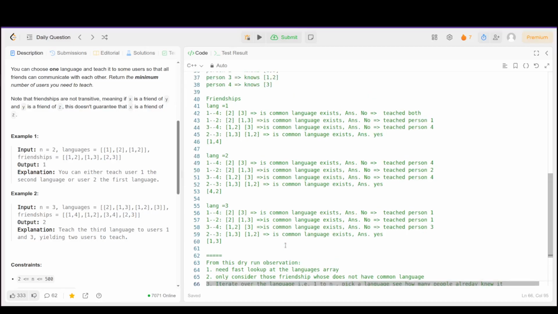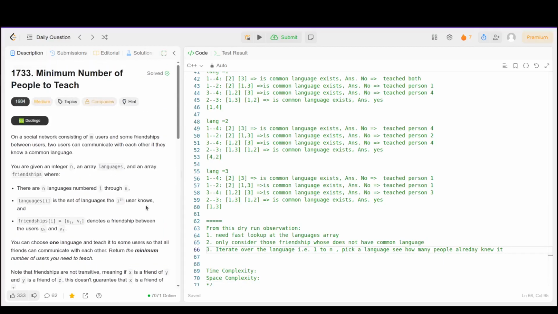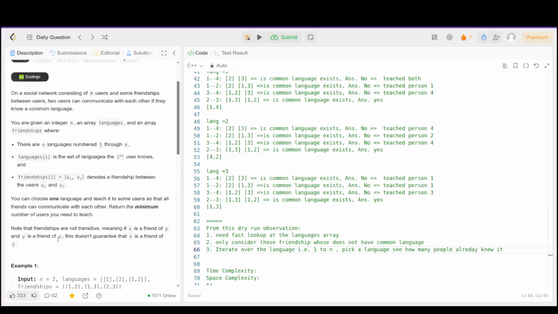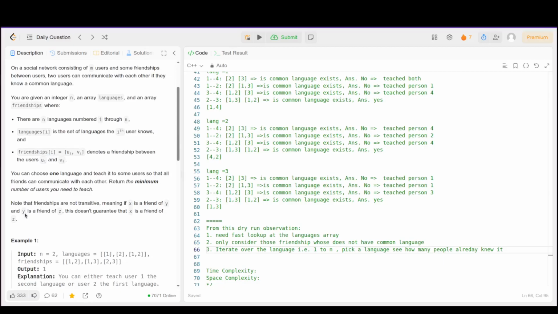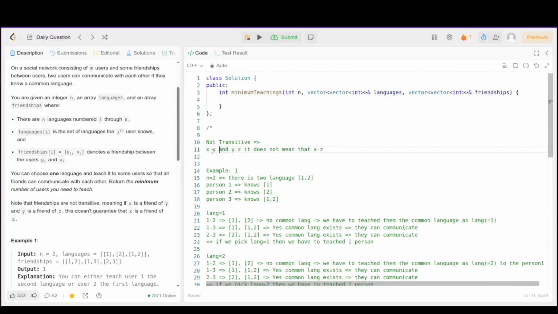In the first go you may think that this is a graph problem, but if you look closely at the statement, there is no transitivity. Note that the friendships are not transitive. That means if x and y are friends, and y and z are friends, it does not mean that x and z are also friends.